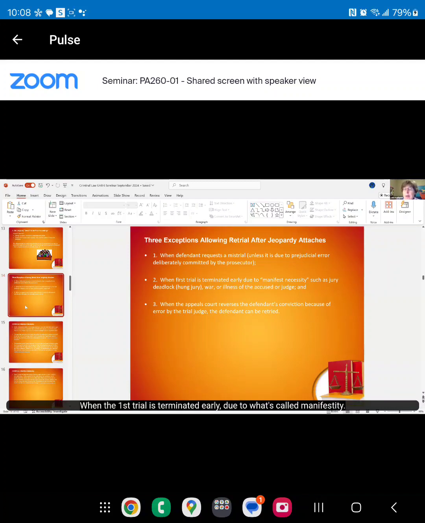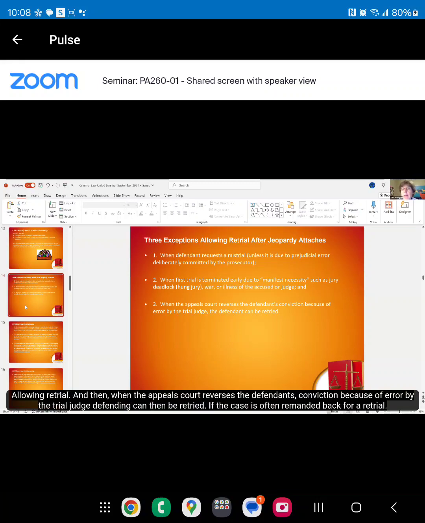Second, when the first trial is terminated early due to what's called manifest necessity, for example a jury deadlock, a hung jury, war, or illness of the accused or judge, that can be grounds for ending the first trial and then allowing retrial. And third, when the appeals court reverses the defendant's conviction because of error by the trial judge, the defendant can then be retried. The case is often remanded back for a retrial.